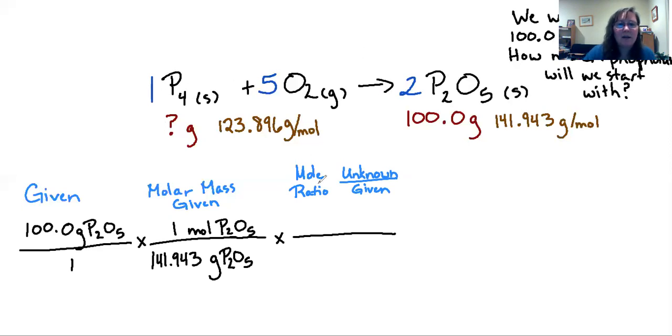Usually I do that, but that'll make this a little easier. So my unknown is going to go on the top, and I see a 1 here, that coefficient in front of the P4. So there I'll put 1 mole of P4, over my given. And here I have 2 moles of P2O5 in my products, and so that'll go on the bottom.